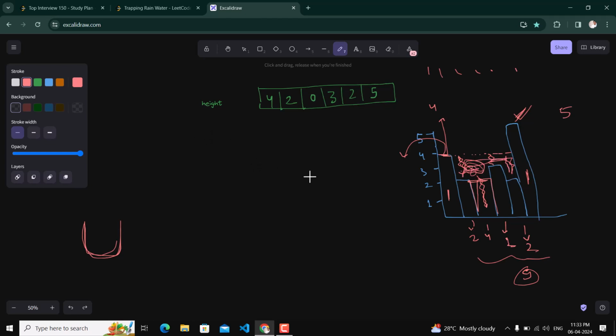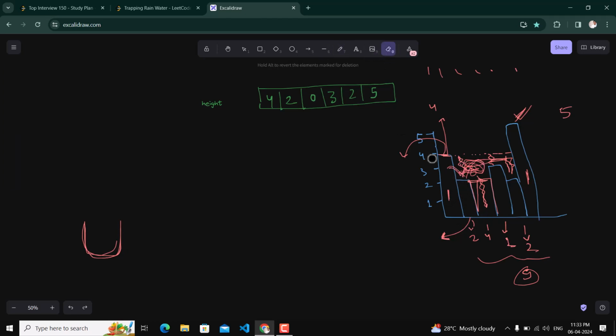So for any particular index or column, we need to find the maximum height before it and the maximum height after it.